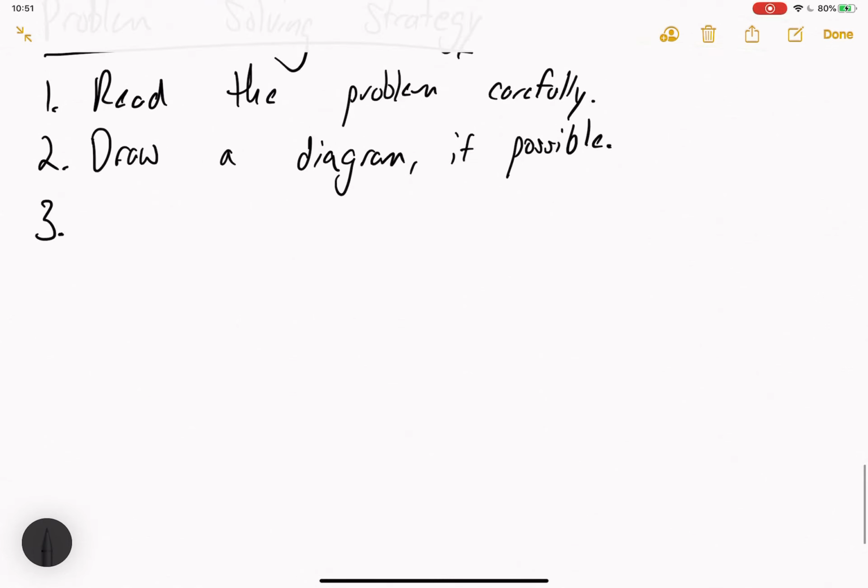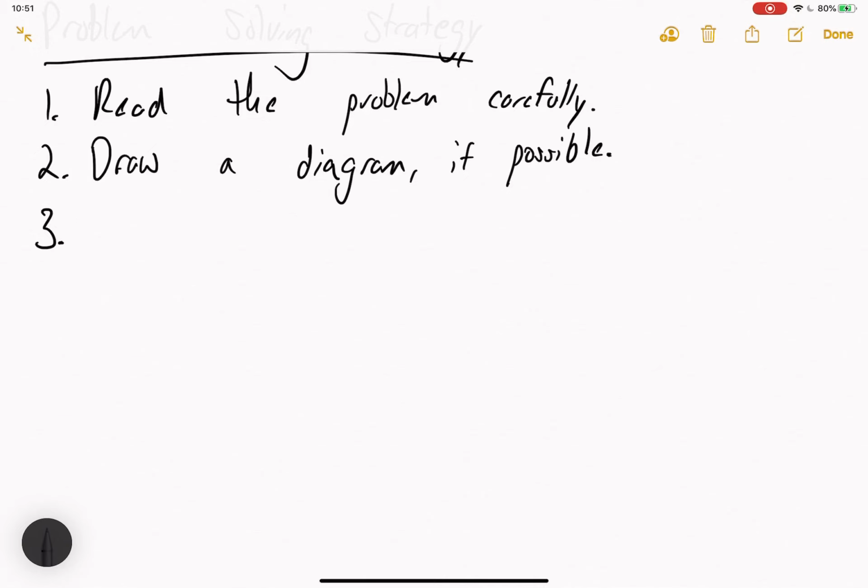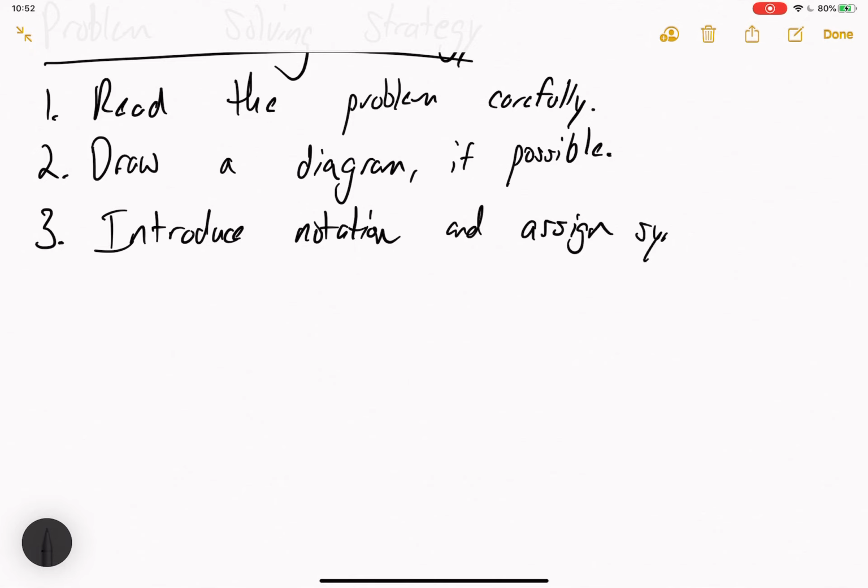So, after we read the problem and draw a diagram, we need to introduce notation. What this means is we assign symbols for all the quantities that we know, but specifically to all quantities that depend on time.